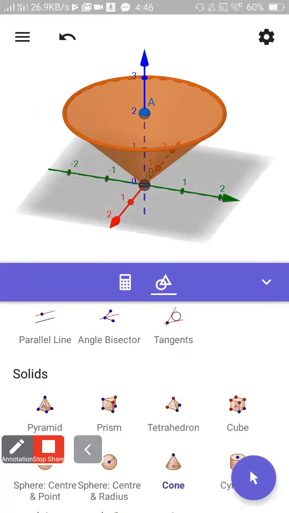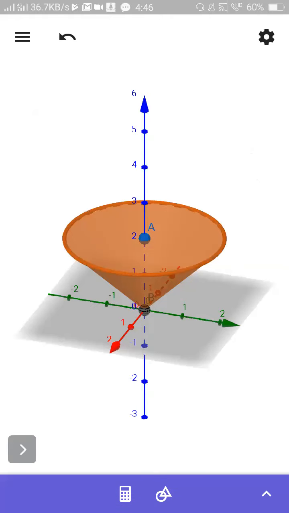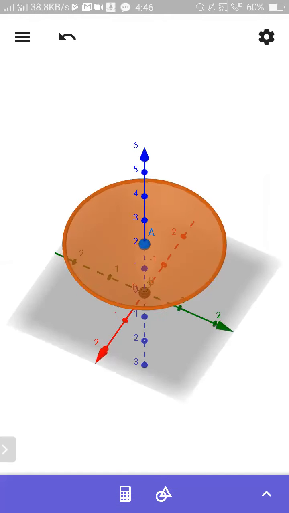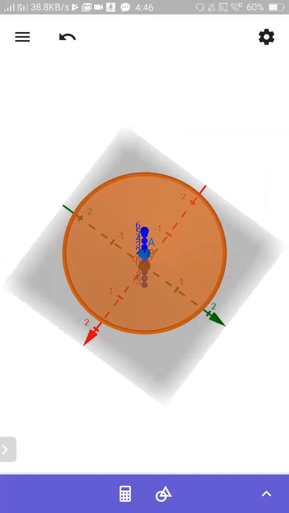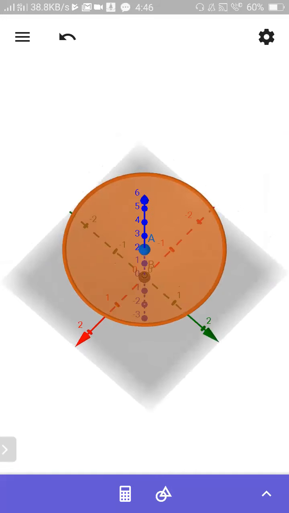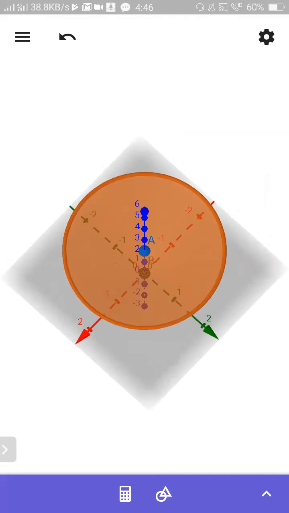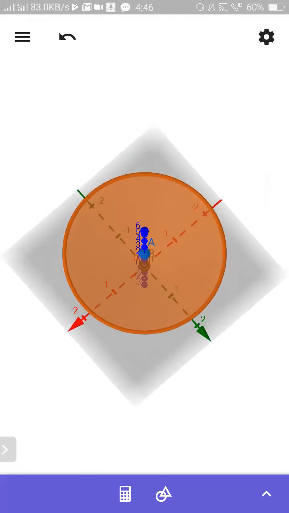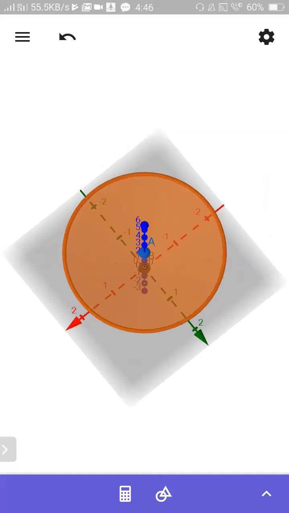Okay, sir. So this is my theta is equal to constant. Why is theta constant? See, are you all observing that blue color line? The blue color line that is towards your eye is the positive z-axis.